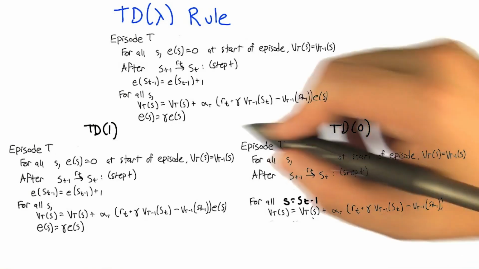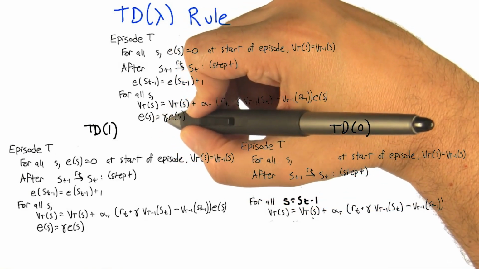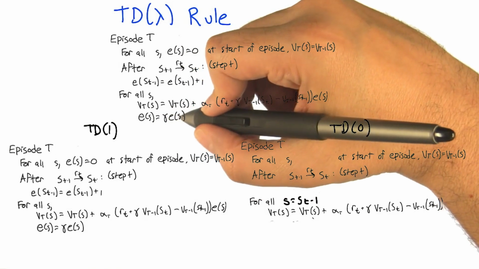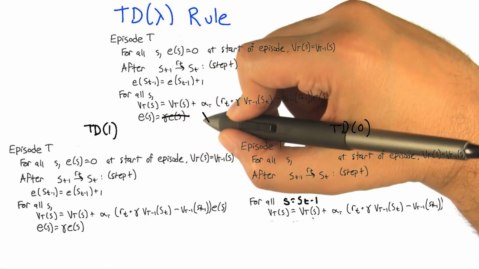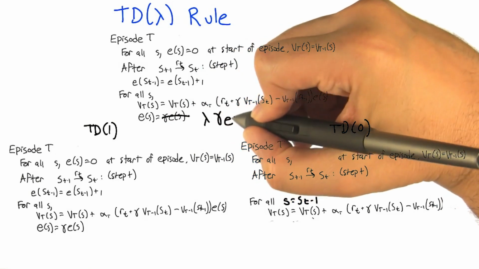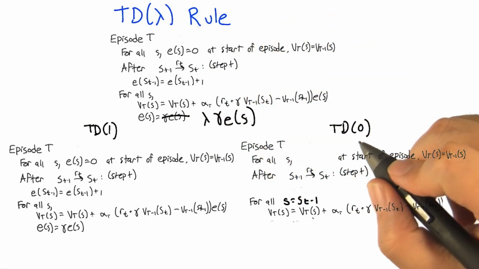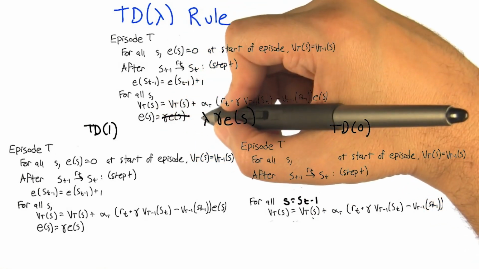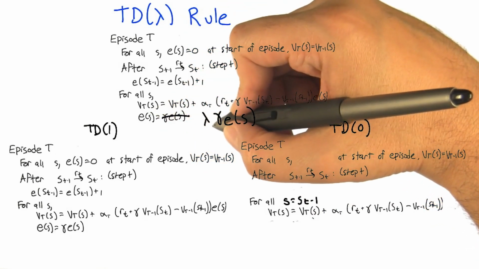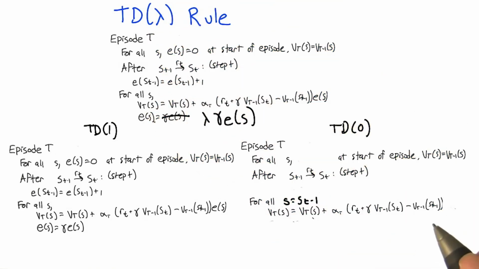Just to cut to the chase, I'm going to take this gamma decay of the eligibility, and I'm going to change it to a lambda gamma decay of the eligibility trace. So all I've done here is it's exactly TD lambda, except I just threw in an extra lambda as a multiplier in the update of the eligibility rule, and boom, we're done.